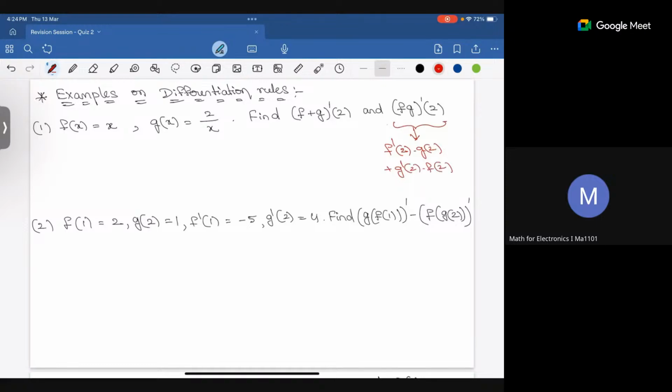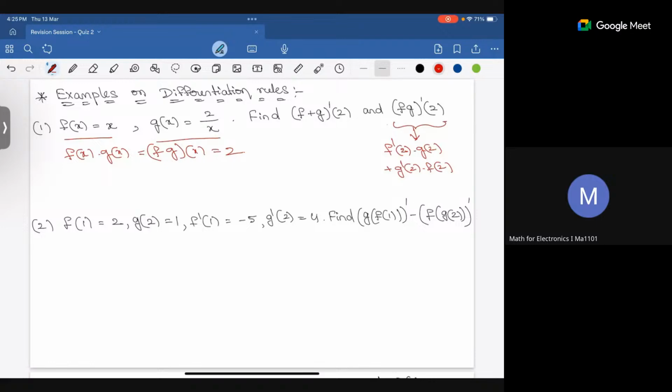But you can do this in a better way, where you see this f of x and g of x. When you take the product, what are we doing? We are multiplying x with 2 by x, right? So fg of x will simply be 2, a constant function, right?